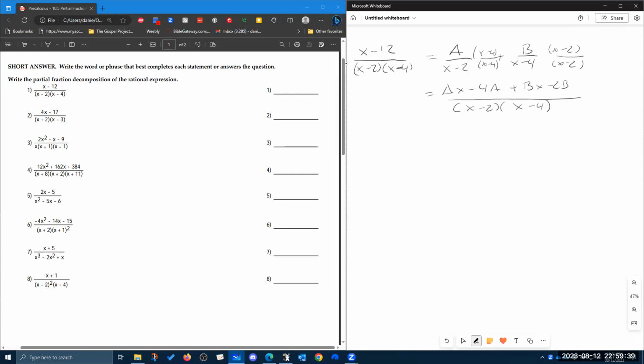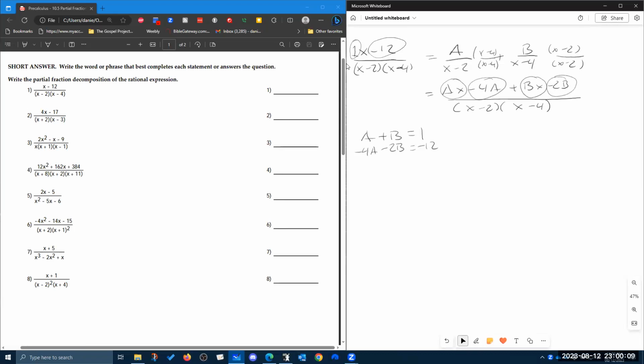That gives me that a plus b, my x parts, this x part and this x part together have to give me this x part over here. This is called comparing coefficients. And then I have another equation that's negative 4a minus 2b is equal to negative 12.